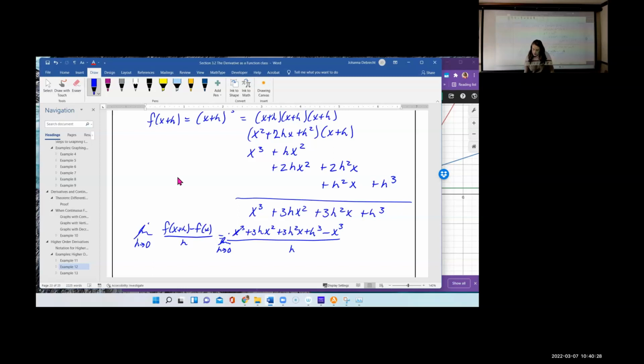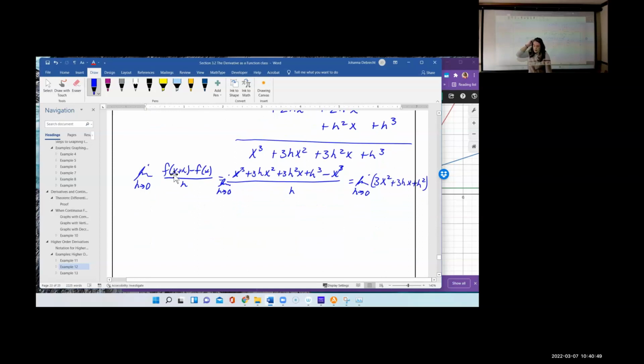The x cubes cancel, and I can factor out the h from each term. And that's going to give me the limit as h goes to 0 of 3x squared plus 3hx plus h squared. When h goes to 0 and I plug that in, the only one that's going to stay is the 3x squared. That's the first derivative. So f prime of x is equal to 3x squared.